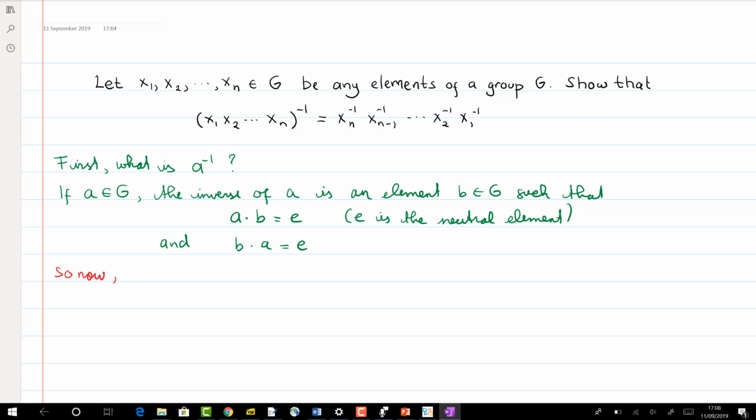So now, the claim of the problem is that the inverse of the product of x1 up to xn is on the right hand side.